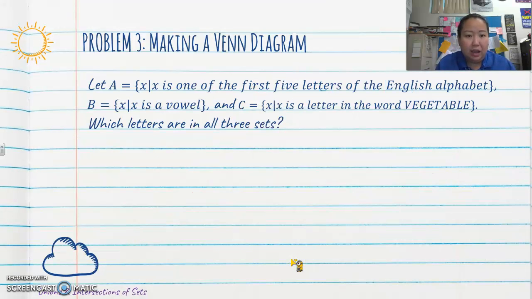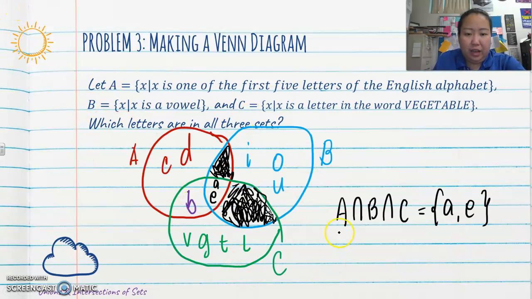Why don't you try this next example on your own and try to have it in your Venn diagram. Go ahead. So as you can see, if this is our Venn diagram, and answering the question of which letters are in all three sets, it's only the letters A and E. There is no common letter between set A and set B, so that's gone, only A and E. Same thing for B and C, nothing common between those.